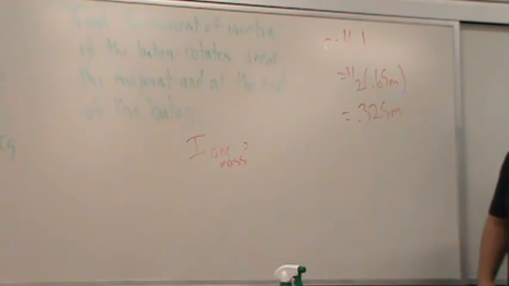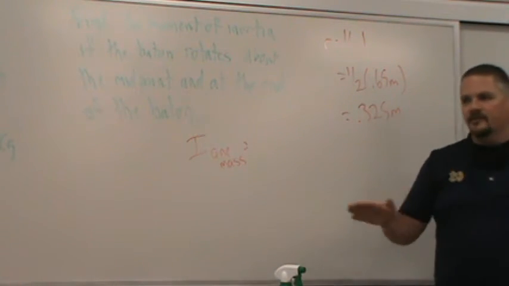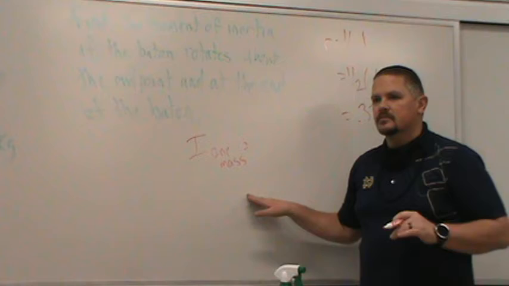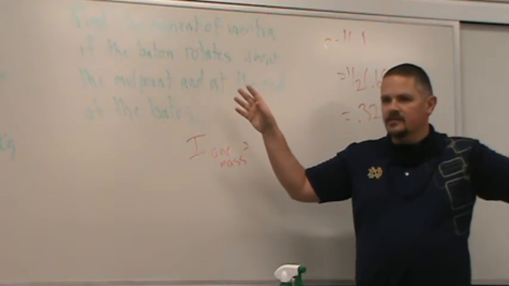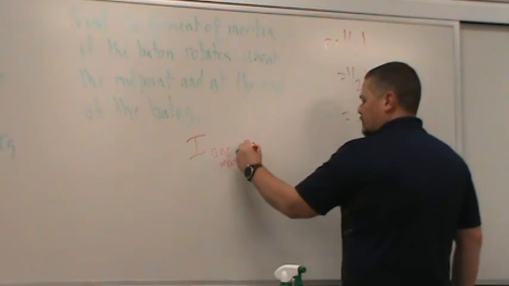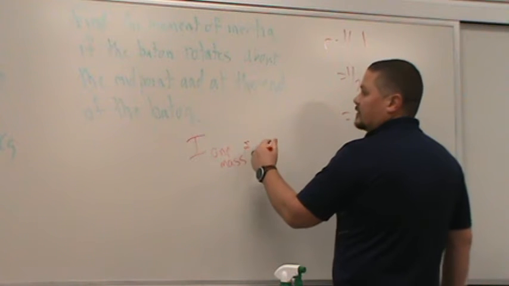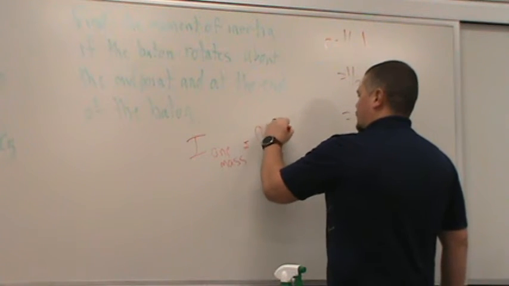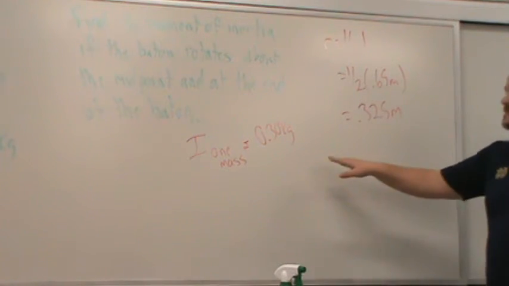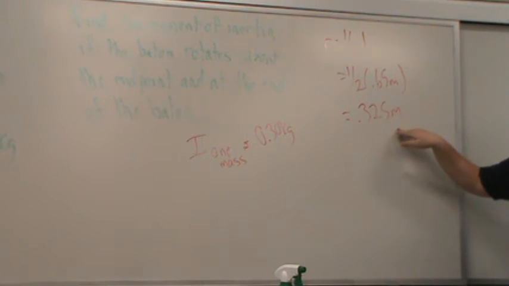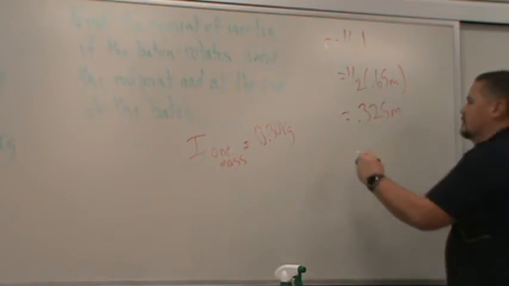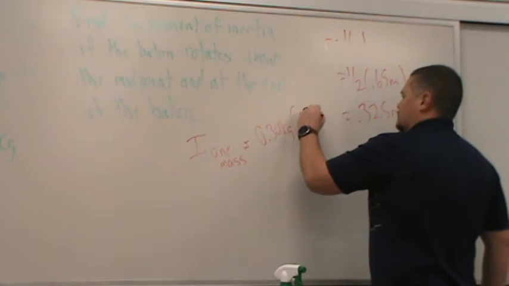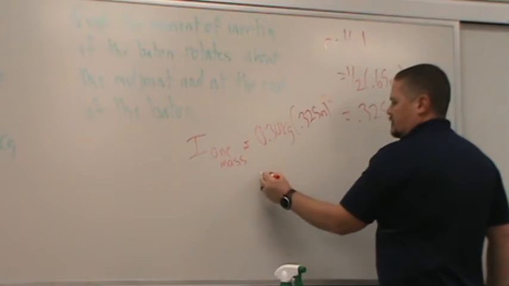Since we're working with just one end, we're going to find the inertia with one mass, since it has the two bulbs at each end. Find inertia at each end. Take the mass of the bulb, 0.3 kilos times our radius squared, 0.325 meters squared.